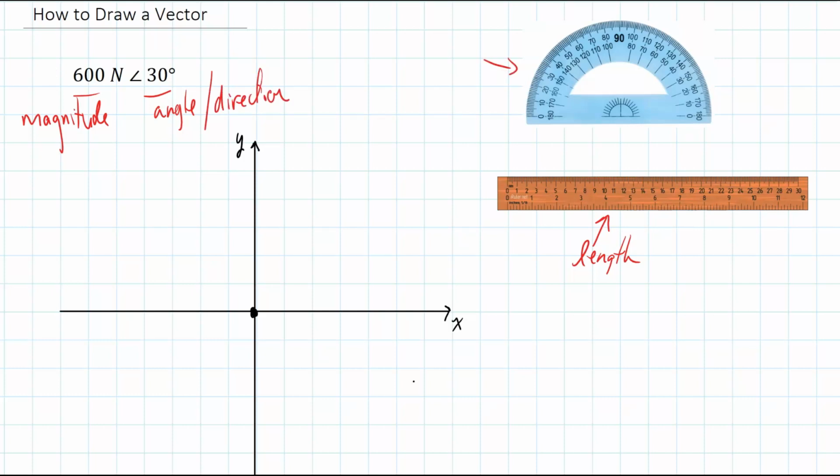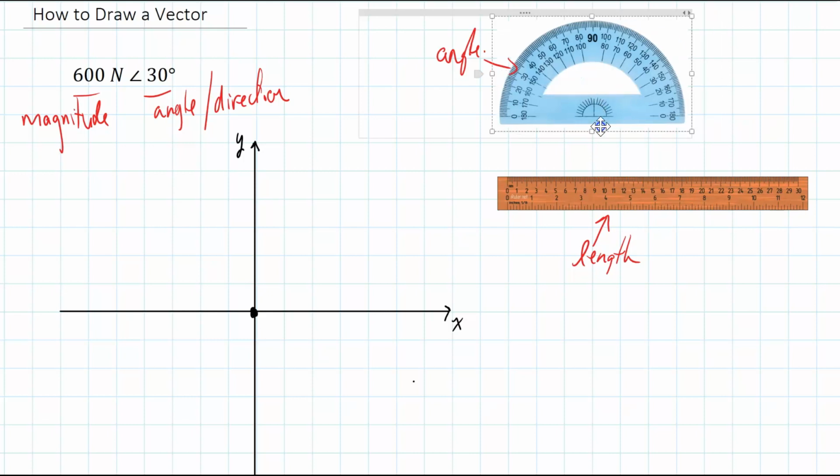So we'll use the protractor to measure the angle. Now notice that I have an XY axis on my page here, and I'm going to draw the vector beginning at 0, 0. So this is the point 0, 0 at the center where my axes intersect, and I will measure off 30 degrees with my protractor. So notice a few things about the protractor.